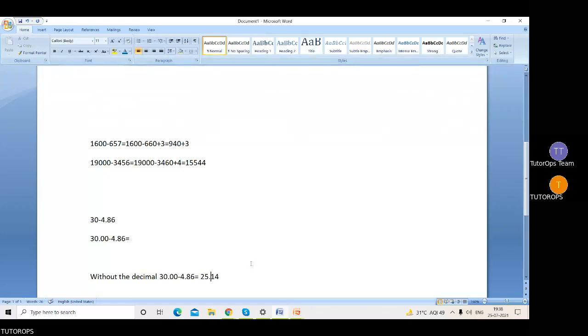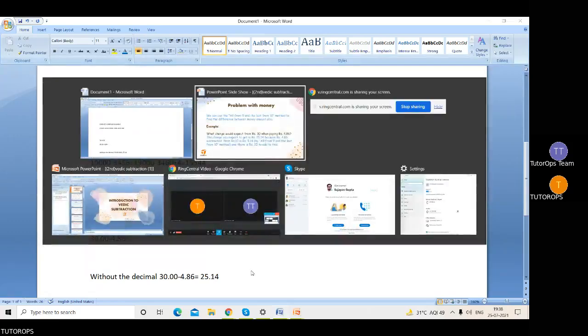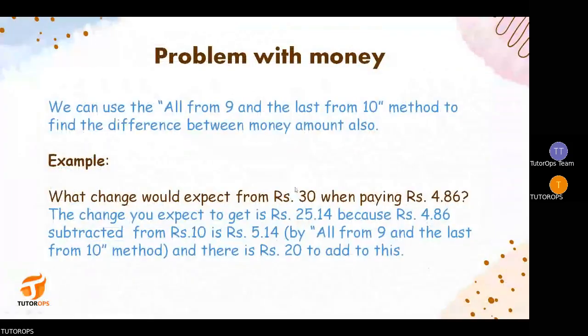So the rupees left is 25 rupees and 14 paisa. Again, you can do this as also the multiple of base system, that is, the change you expect to get is rupees 25.14 because rupees 4.86 subtracted from 10 is rupees 5.14.